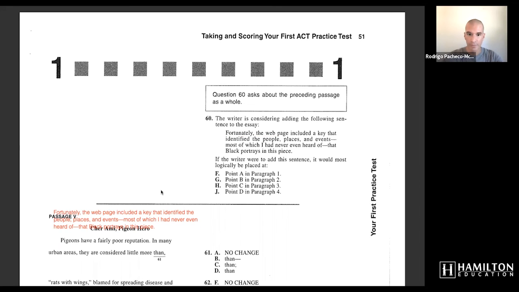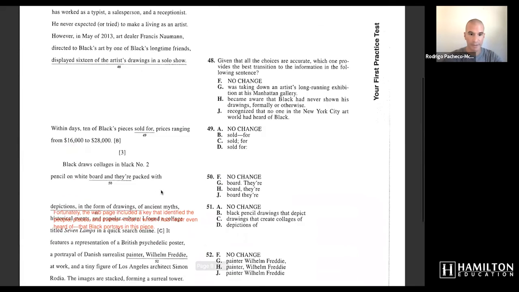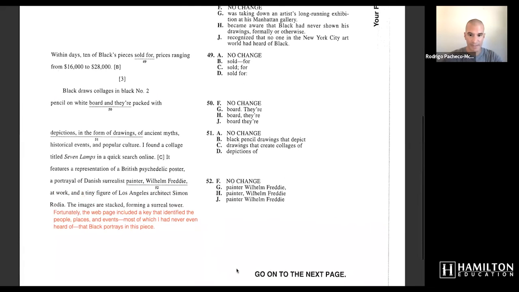So I'm going to scroll up to the third paragraph. And I have the sentence typed out here as well so that we can make connections. Okay, so we're going to add the sentence here, point C of paragraph 3. So what would this follow? I found a collage titled 7 Lamps in a Quick Search Online.